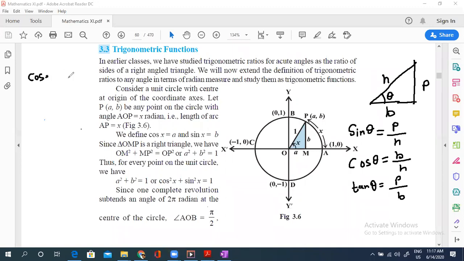Cosec theta is the reciprocal of sine theta, sec theta is the reciprocal of cos theta, and cot theta is the reciprocal of tan theta. Including these, we have a total of 6 trigonometric functions.